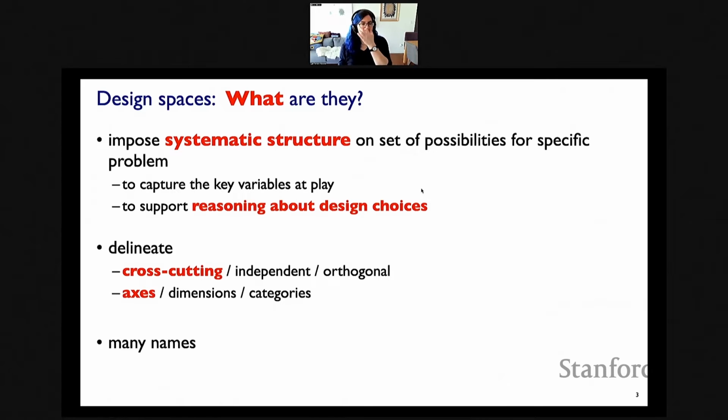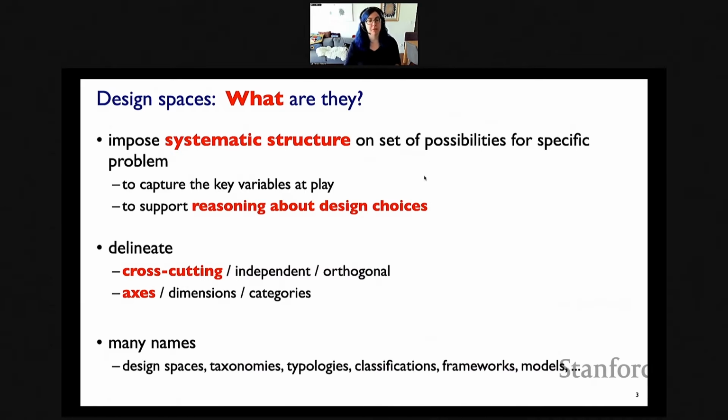Now, people call these many things. I picked the word design spaces for this talk, but people often call these taxonomies. Sometimes they call them typologies, and they quibble about the difference between those two. They might call them classifications, more general terms like frameworks, even a super general term like model. In my own work, I've called these everything from design spaces to taxonomies to typologies to frameworks to classifications.